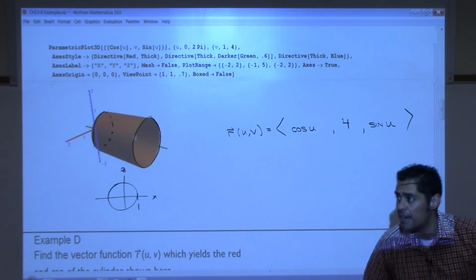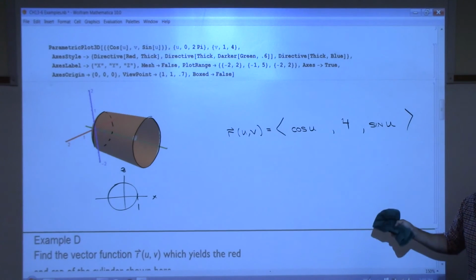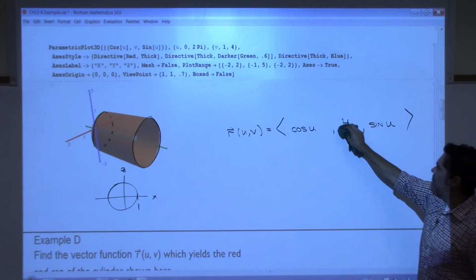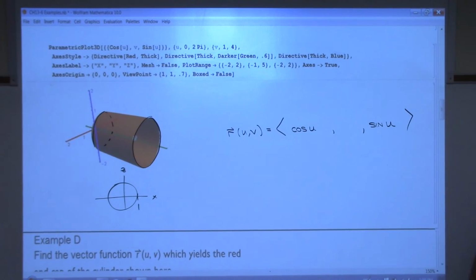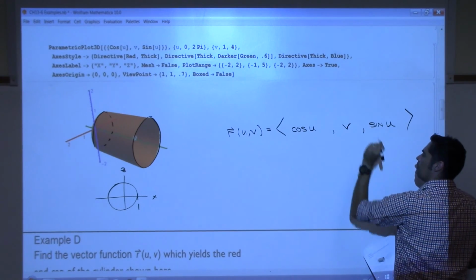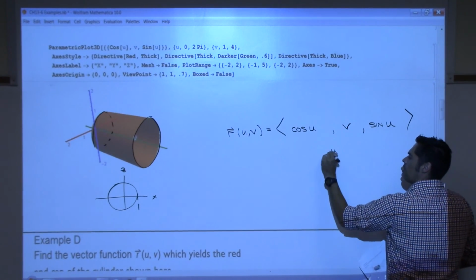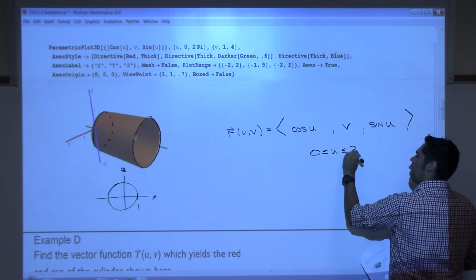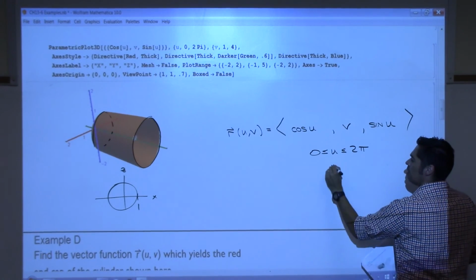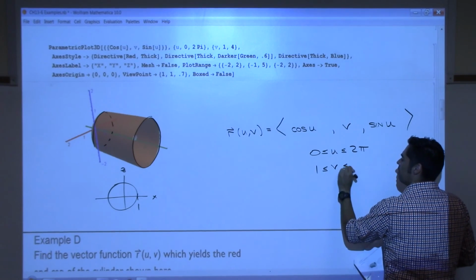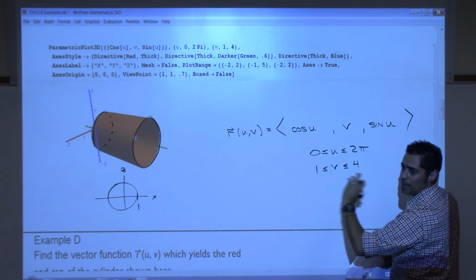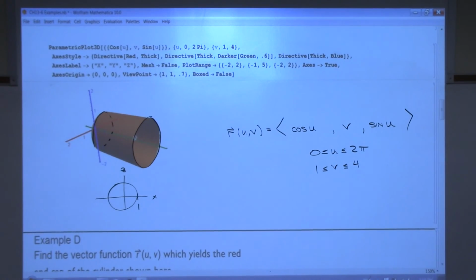So if I need that to vary, I'm going to have to put a variable here, right? But I can't use u, so I'm going to use v. And then I'll let my u go between 0 and 2 pi. That'll draw me circles. I'll let my v go between 1 and 4, and that will move those circles back and forth, and that'll give me the cylinder. That's not so bad, right? Questions?